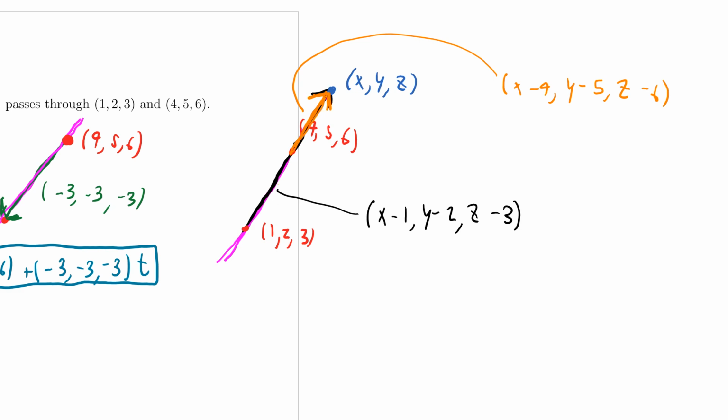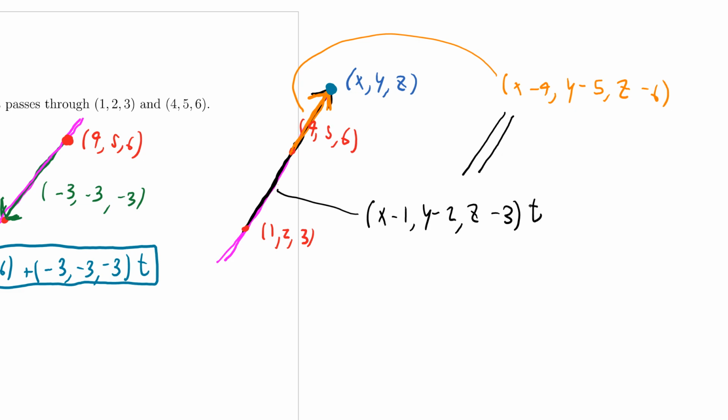And I said earlier that for my blue point here to lie on the pink line, I'm going to need the orange vector to be a multiple of the black vector. So essentially, this orange vector has to equal the black vector times a constant t.